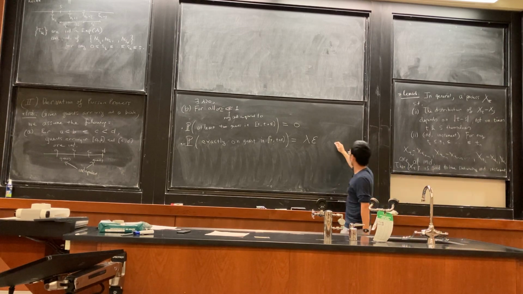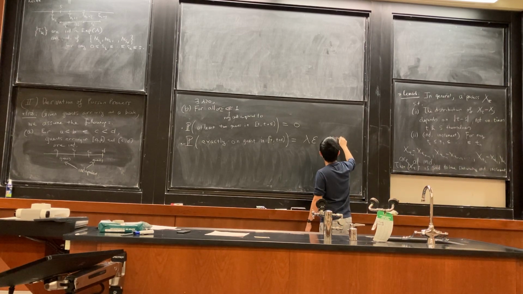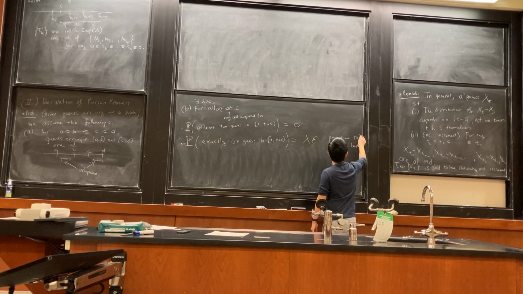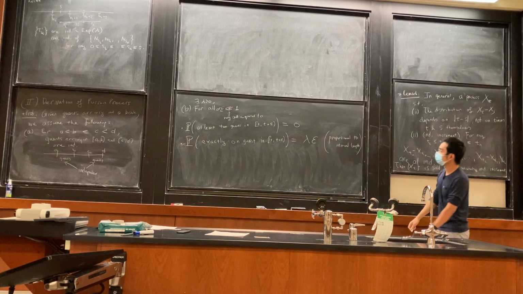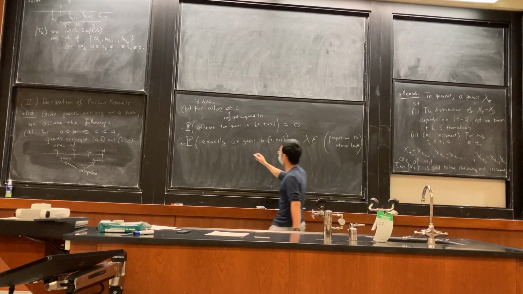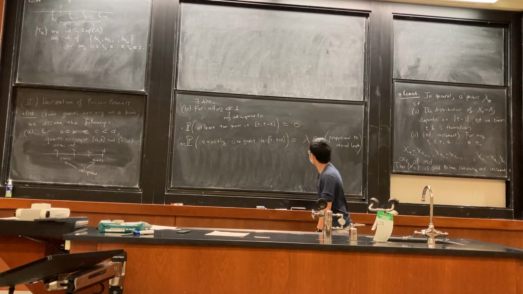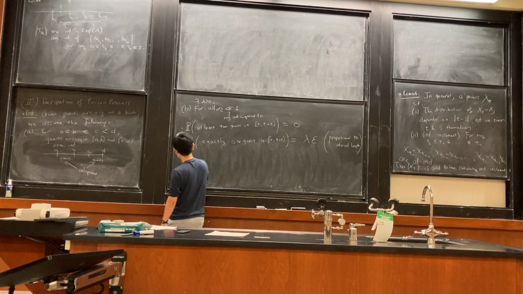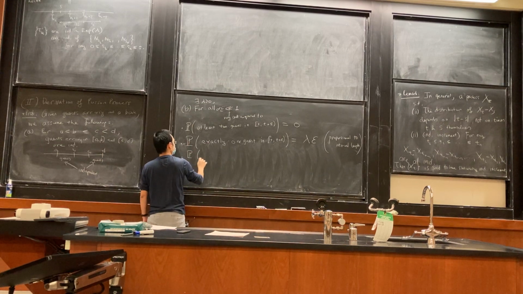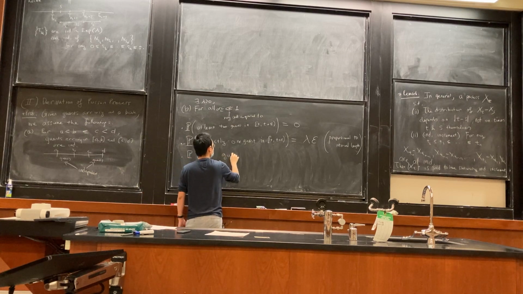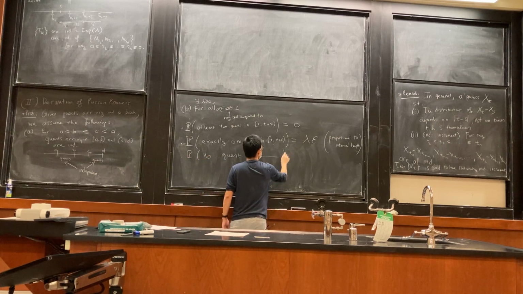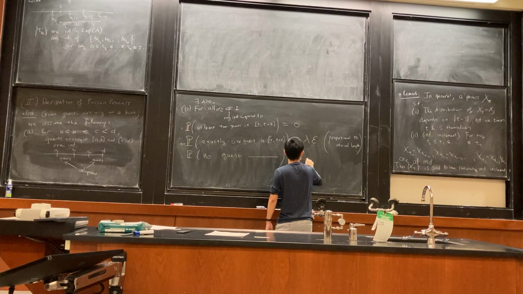In other words, this is proportional to the interval length. All right. So it's just exactly one guest here. And as a consequence of this, the probability of no guests in this time interval is simply 1 minus lambda epsilon.